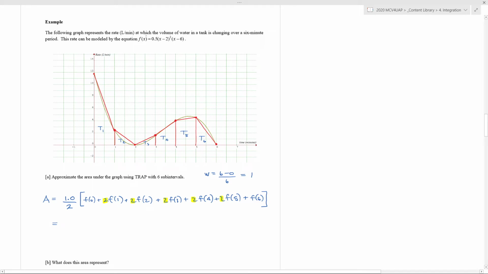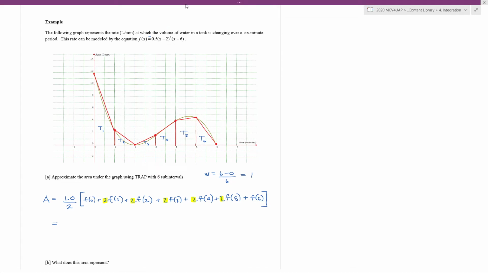Okay, so there should be a negative out here in front of this. My apologies. There should be a negative sign out in front of the function. So it's actually negative 0.5 times (x minus 2) squared times (x minus 6).